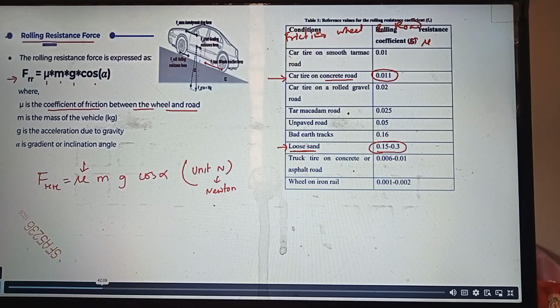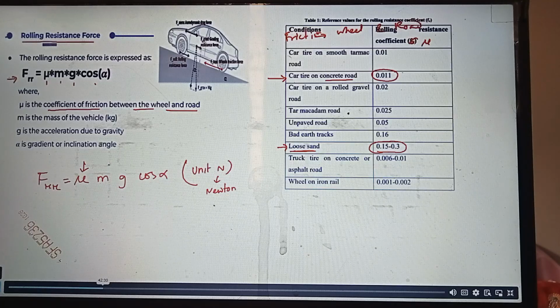This list you can get from the internet, and of course after every class, as you know, I'll be uploading the class notes. So mu is a coefficient of friction. There is a standard chart from which you will get the value based on your type of vehicle and the type of road you are interested in.